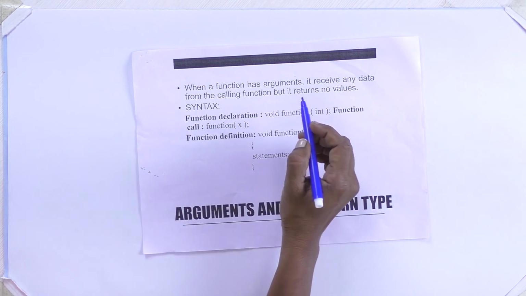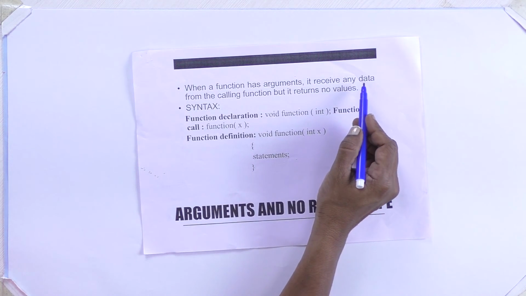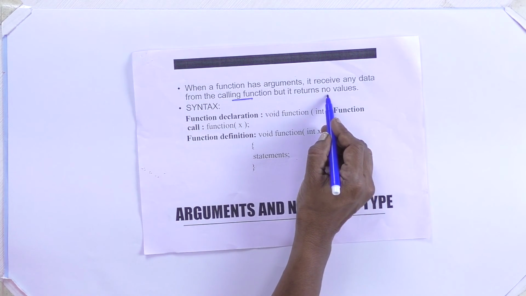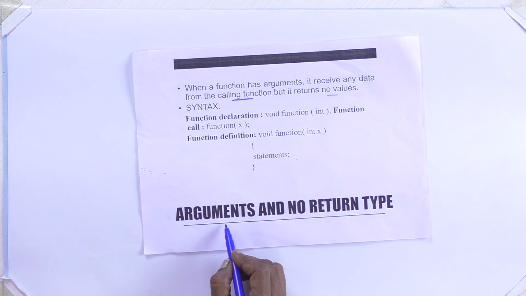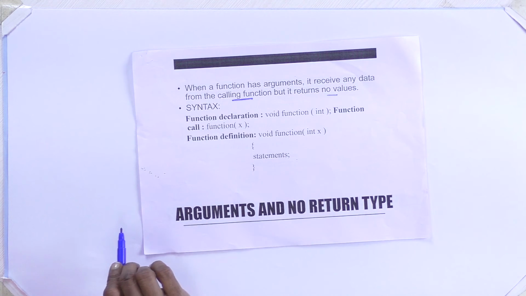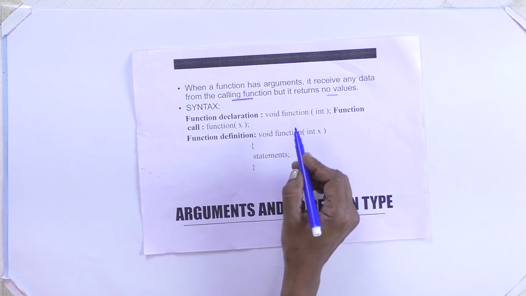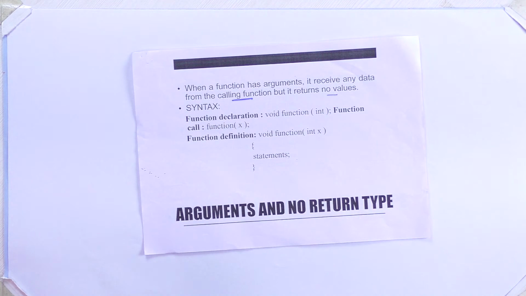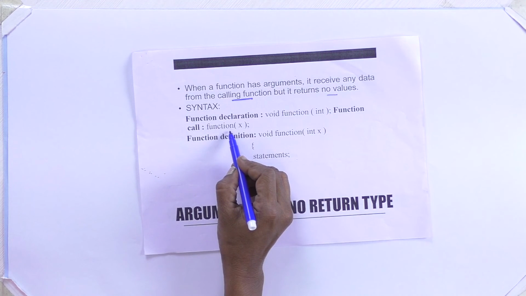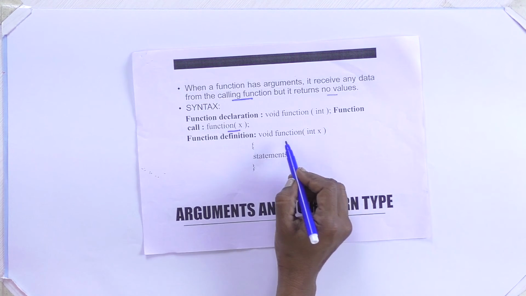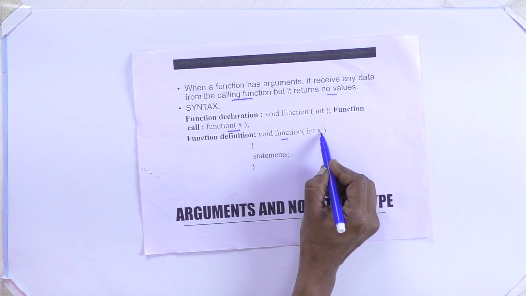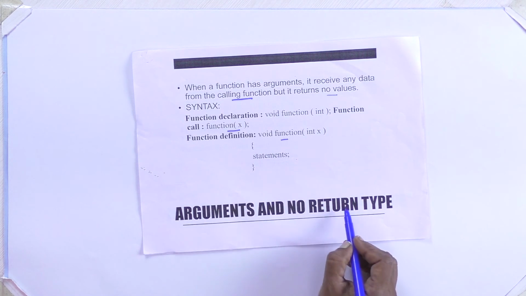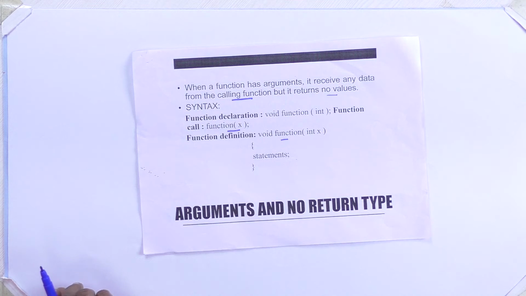When a function has arguments, it receives data from the calling function but it returns no values. So this is arguments and no return type. The function declaration syntax would be void function, and within that I am giving an integer value. Here I am passing the value of x and writing some statements, and it will not return anything to the main program.